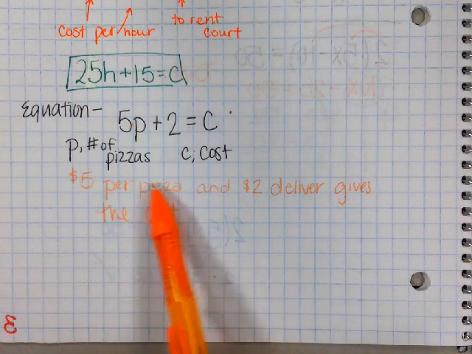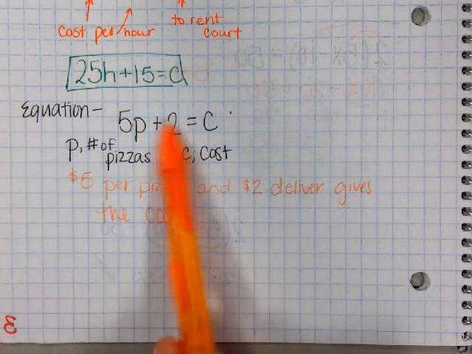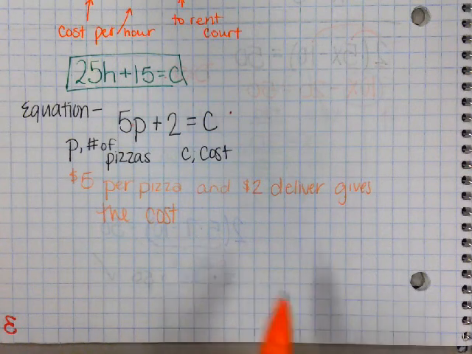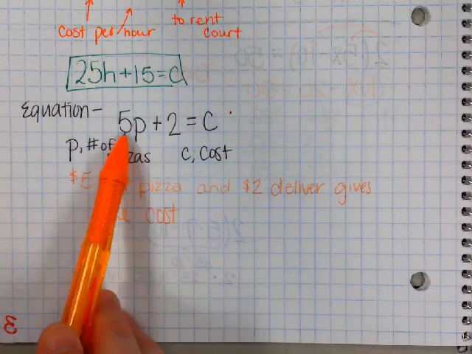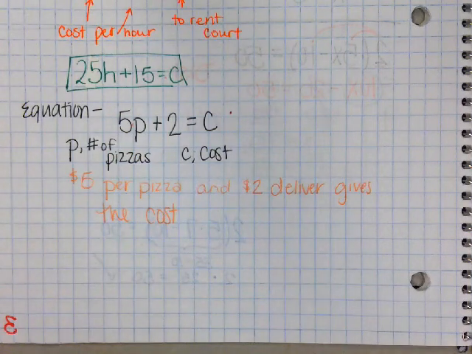Just as long as you say something about $5 per pizza, or per whatever the independent variable is, plus something, this $2, gives you the total, you will get all of your points. Make sure you talk about what each number represents in the equation. So that is how you switch between verbal and equations, and back the other direction as well.